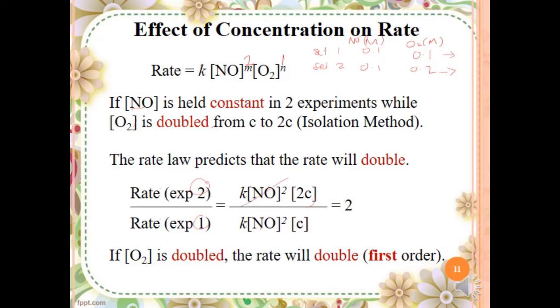We can cross out one of the C, and we have 2 here. So when oxygen is doubled, the rate will also double. That's why it's first order.